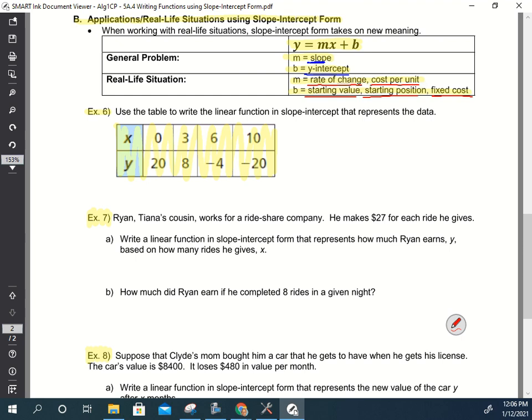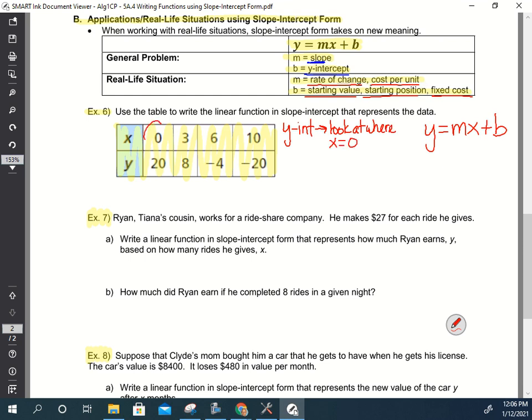We're still writing it as y equals mx plus b. So to find the y-intercept, look at where x is equal to 0.